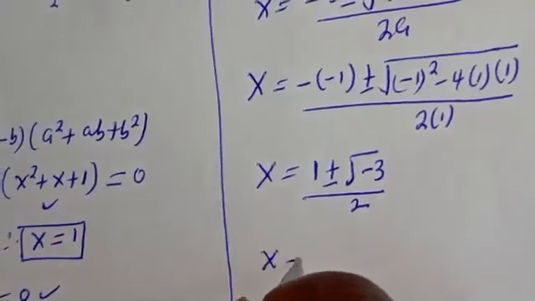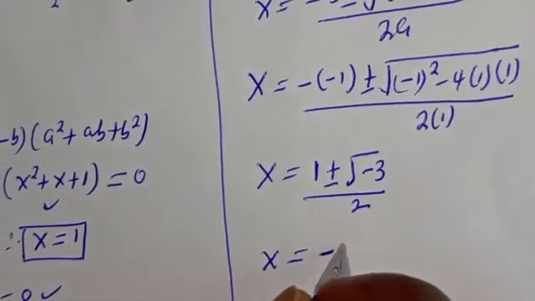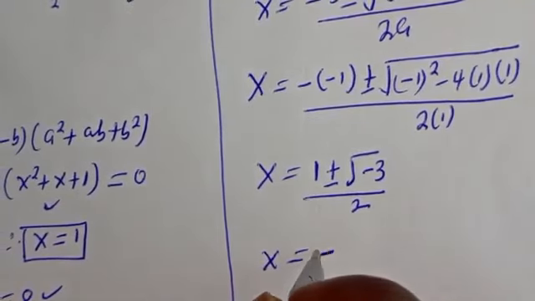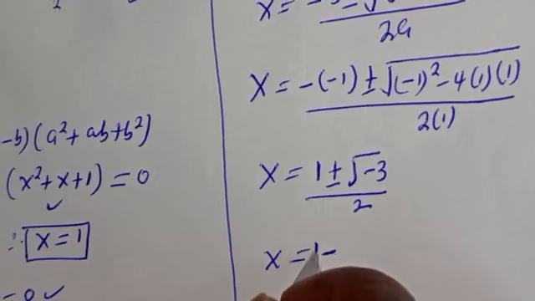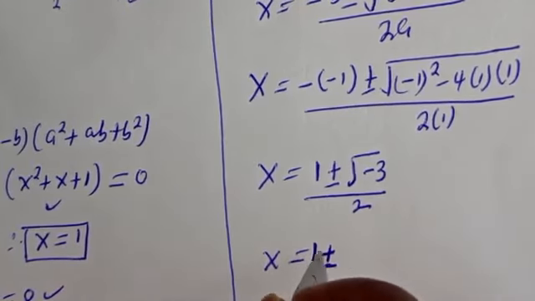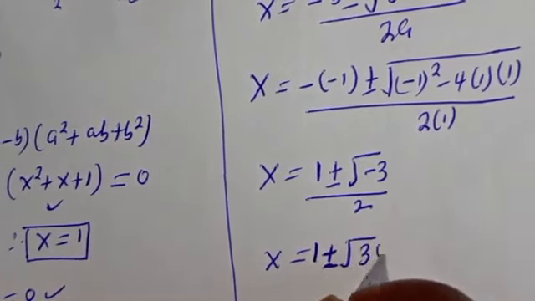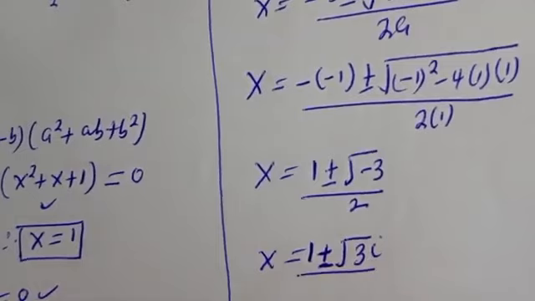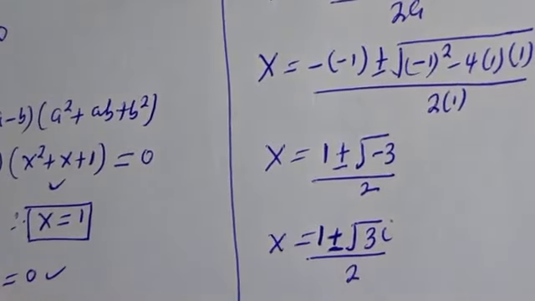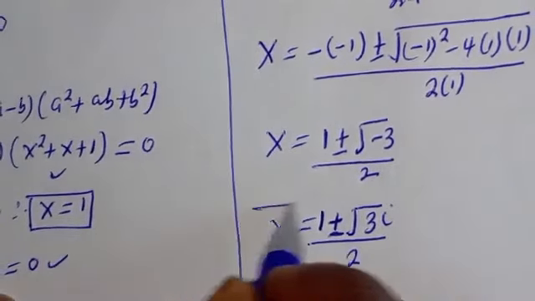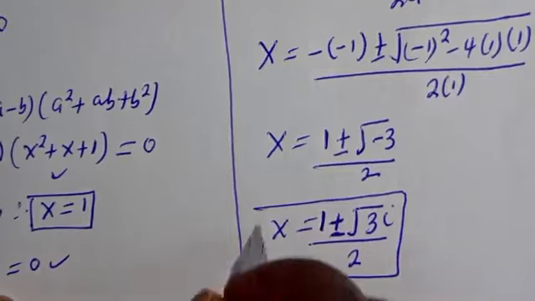Then s is equal to 1 plus or minus square root of 3i over 2. This is another value of s.